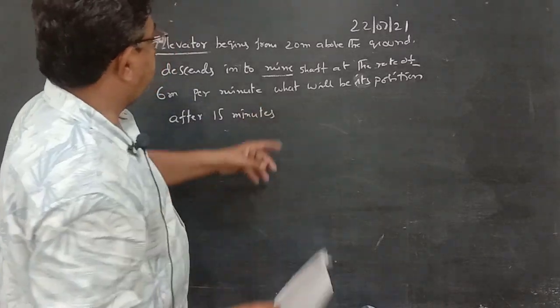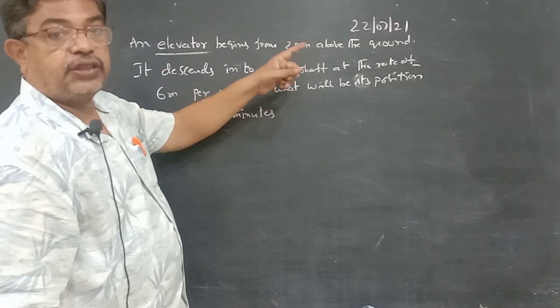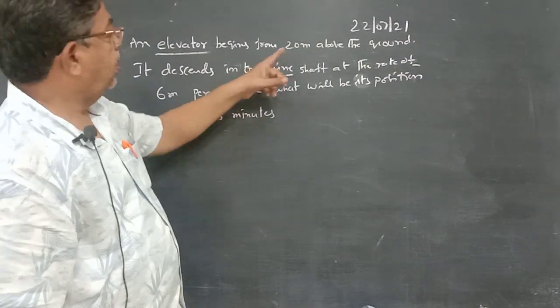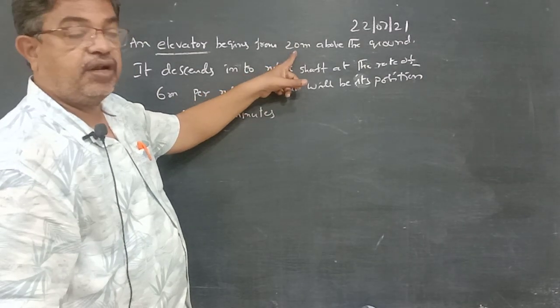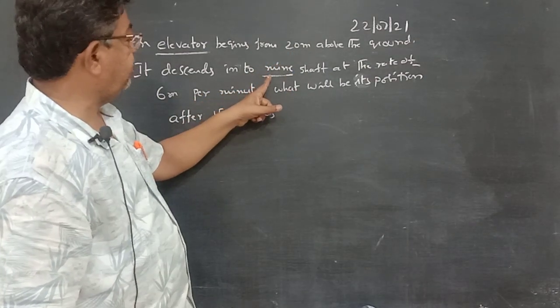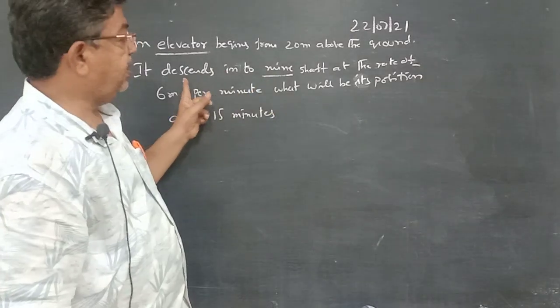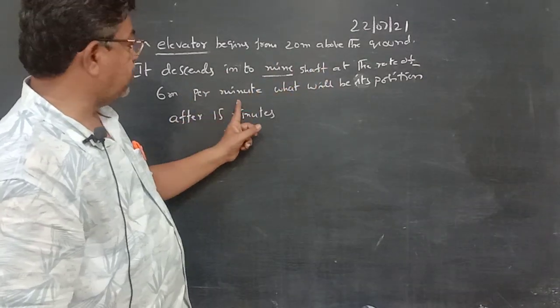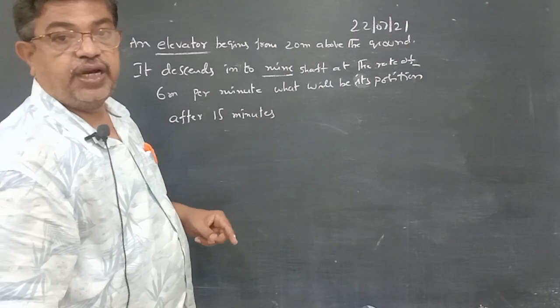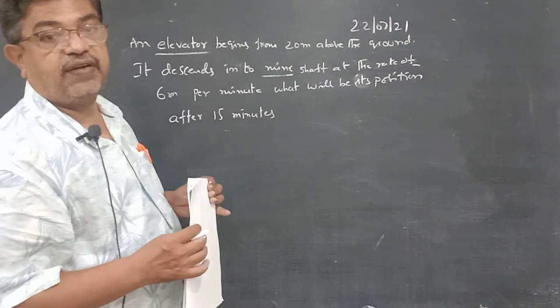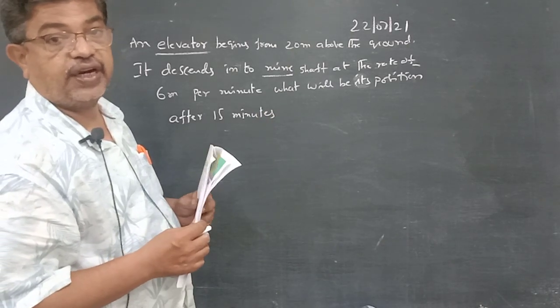So, at some time the elevator starts from the level of 20 meters above the ground level. It is moving into the mine shaft. It is descending at the rate of 6 meters per minute. After 15 minutes, where the position of the elevator will be, you have to find.